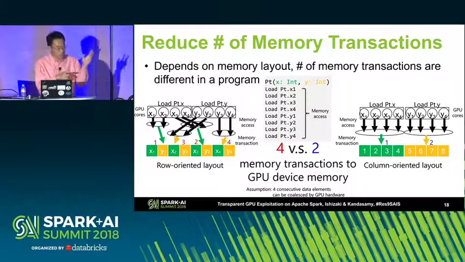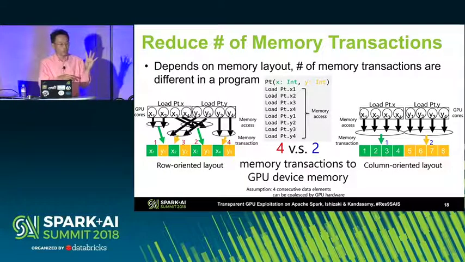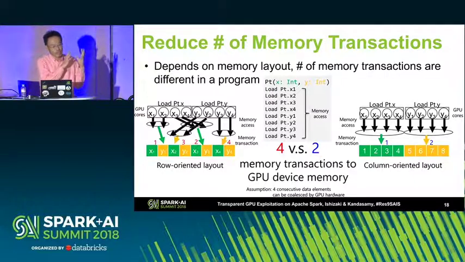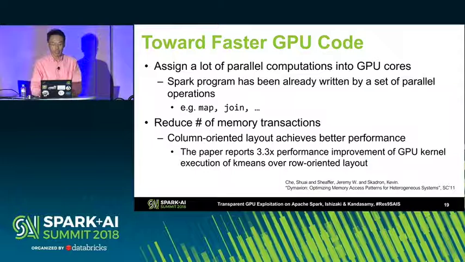In this case, 4 memory loads can be coalesced into one memory transaction. On the other hand, on the left-hand side is a row-oriented layout. In this case, memory access is not contiguous, so we see more memory transactions compared to the column-oriented approach.